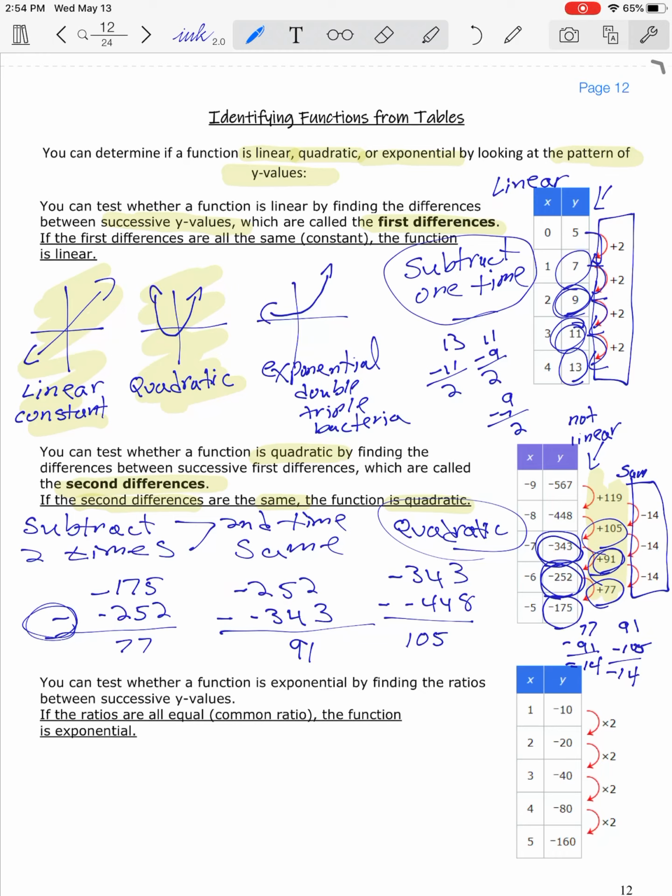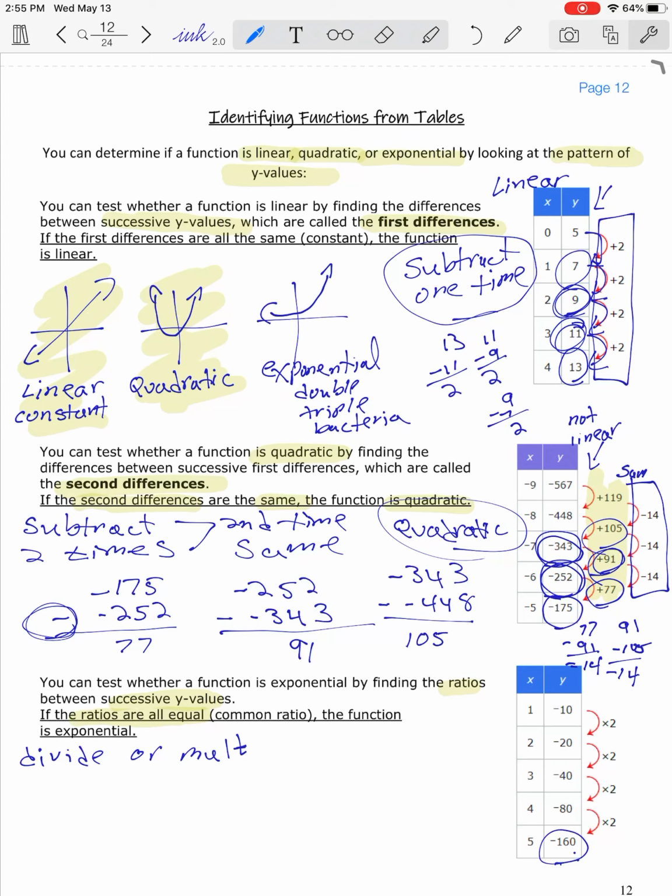Now with the third one, I bet you can guess, this one is the only one that's a little different. If you subtract twice, say I subtract negative 160 minus 80, and I do my subtraction, and I do it again, and both times it doesn't work, then it's going to be exponential. And the reason it'll be exponential, as I'll show you, is that the ratios are equal. A ratio is not a subtraction. So the ratios of the y values, when you think about ratios, you divide or multiply. So that's why this one is a little different.